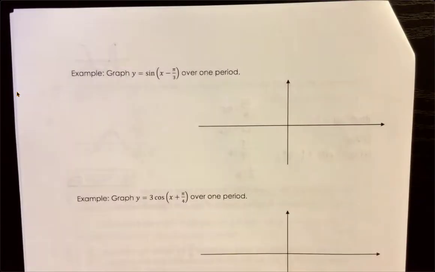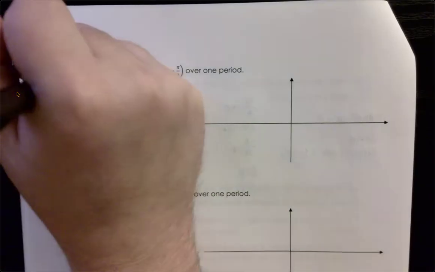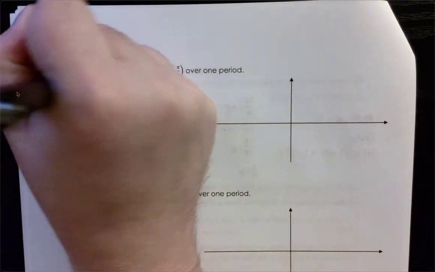So we want to graph y equals sine of x minus pi over 3 over 1 period. So we start by solving that inequality.